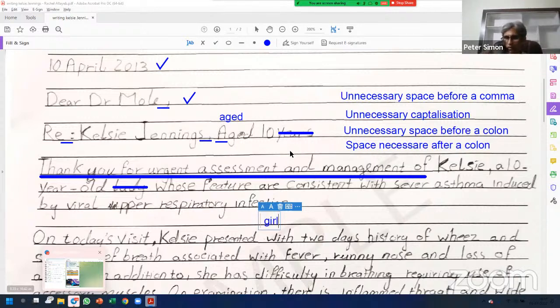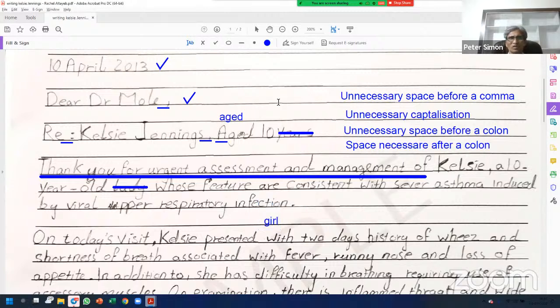This is fine. There is no problem with this. But you can start with Kelsie, a 10-year-old girl or child. Girl also is okay; child is better. That much is not necessary actually.